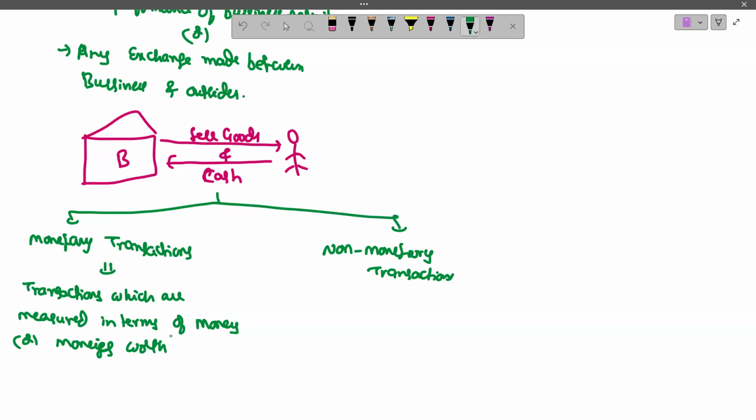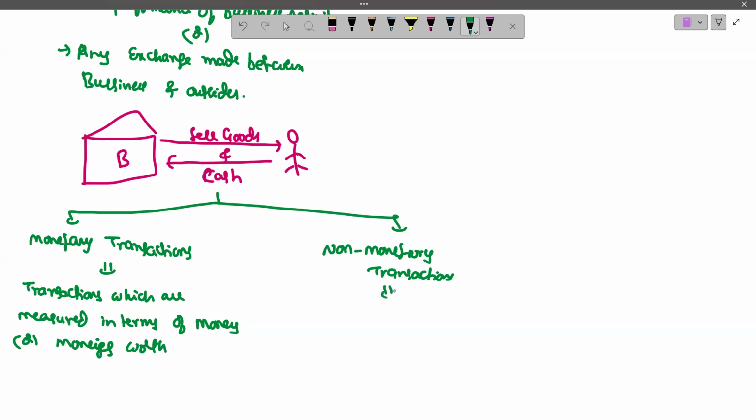Monetary transaction. It means the transaction should be measurable. For example, salary paid to the employee. There we can measure it in terms of money, how much amount we are going to pay. Or in case of purchase of the goods, we are paying some amount to the supplier. There we can measure the respective item in terms of money. So those transactions which are measured in terms of money or money's worth are said to be monetary transactions.